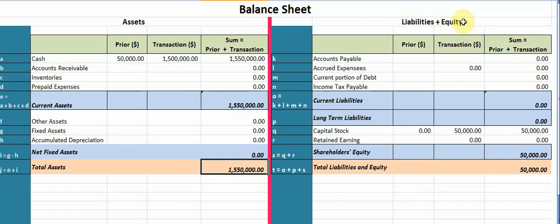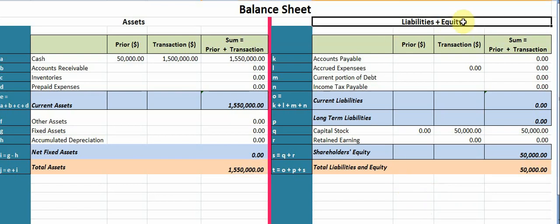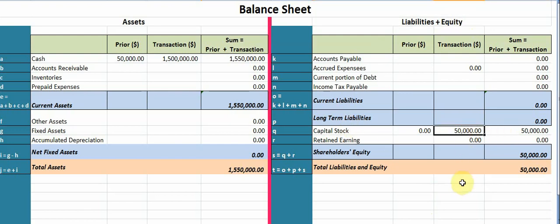Now let's go to the liability plus equity section. Here you can see my investment is $50,000. That's why I had made an entry of $50,000 against capital stock, which is my prior transaction. So I'm moving this one to my prior column. This is my prior column. Currently, I am getting an investment of $1.5 million.